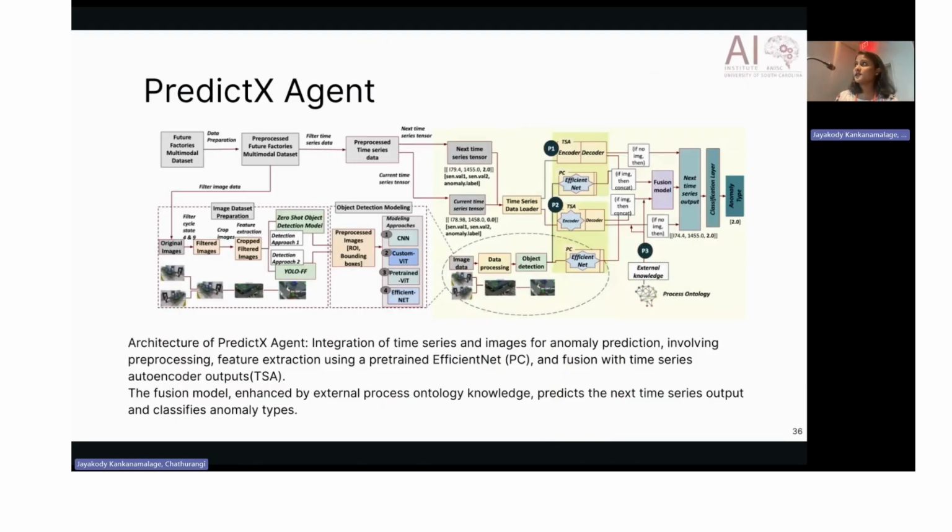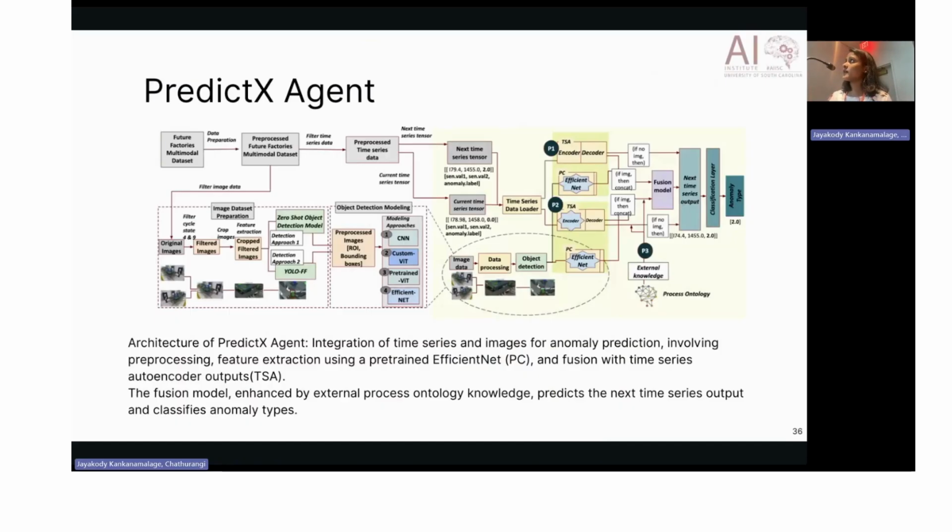One important thing is, we have 21 cycle states in our assembly pipeline, but only in two cycle states can we visually and clearly see the components of this rocket. So we filtered those two cycle states, cycle state 4 and 9, and then continue to our object detection approaches, and combine it with the time series inputs.